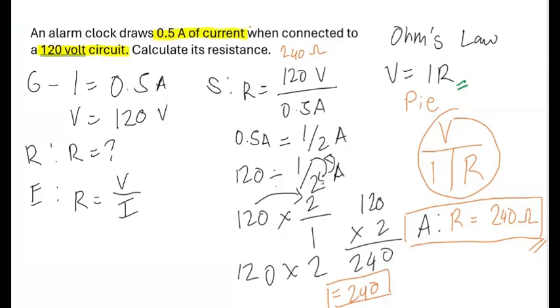So you need to use Ohm's law to find the missing puzzle piece. That is part 1 of Ohm's law, where we found the resistance. How about the voltage? How about the current? How can we calculate them? Let's find out in the future parts of this series on Ohm's law.